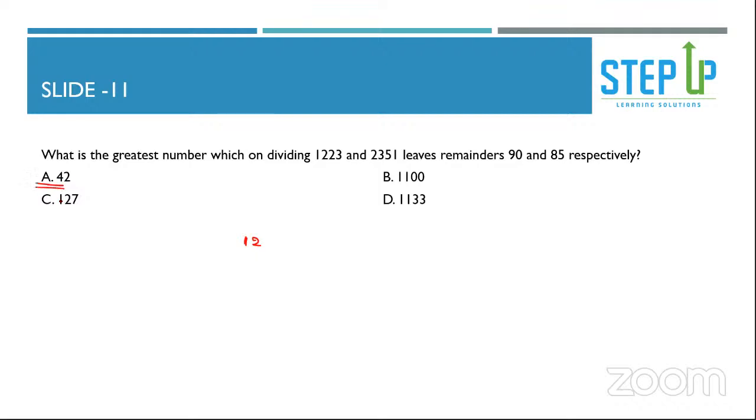They are asking, out of these options, when 1223 is divided by the number, you should get remainder 90 in the first case and you should get remainder 85 in the second case.